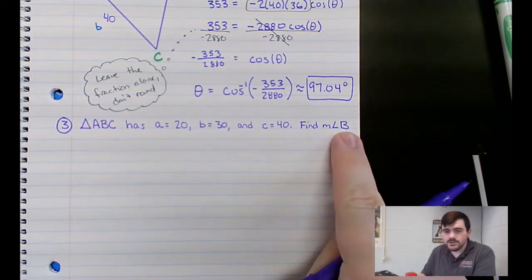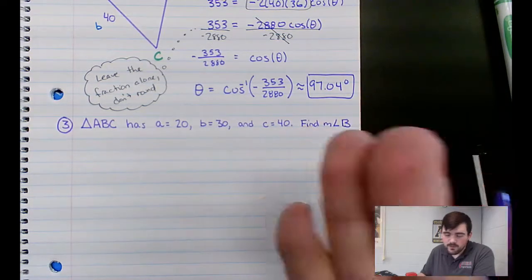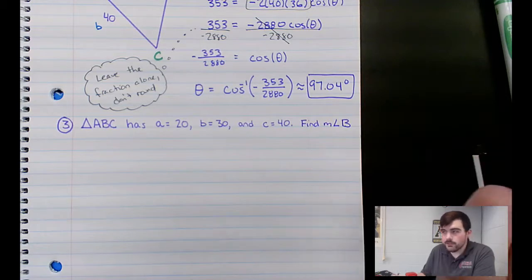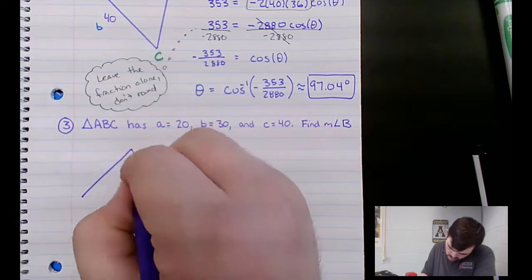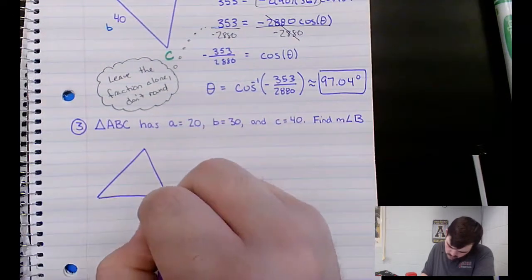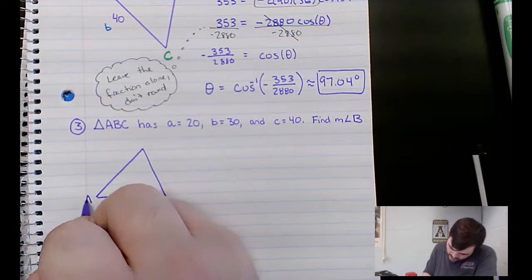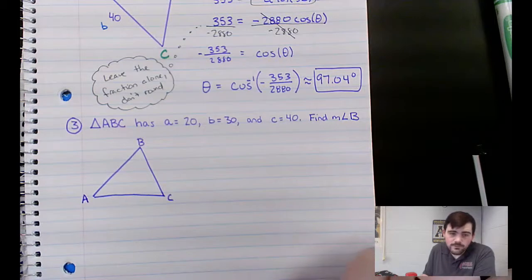That says the measure of angle B. Well, first off, they didn't give me a triangle, but they gave me some information about a triangle. I know what a triangle looks like, roughly, so just draw one. Let's see, we've got triangle ABC. Well, I'll call that A, I'll call that B, and I'll call this C. Didn't matter which ones you called it.